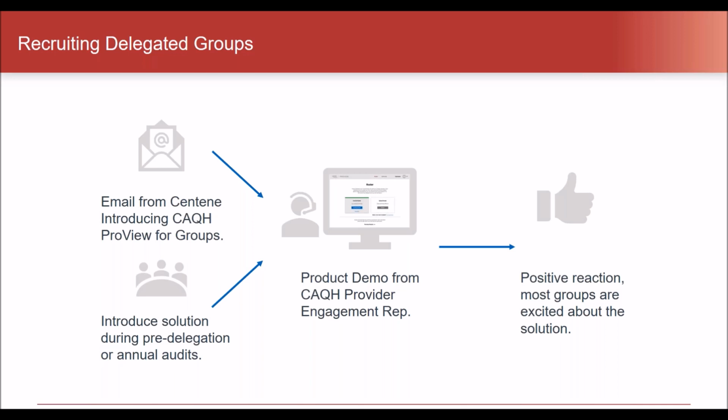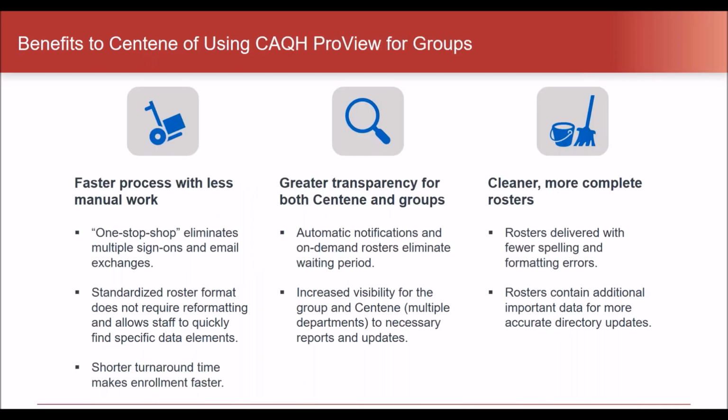If we move to the next slide, we can talk about some of the benefits. I think to both Centene and also for our groups, it's a faster process, as we've talked about. Once our groups are able to get their data into this format, it's much simpler for them to do updates, and that standardized roster format doesn't require reformatting from either the group.